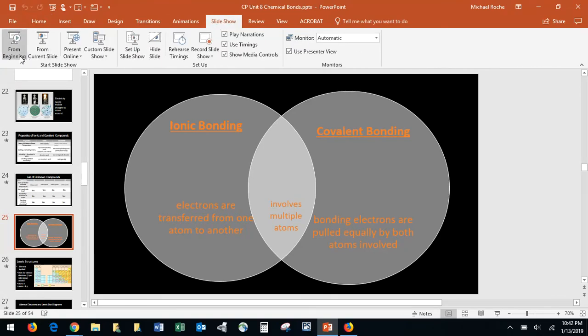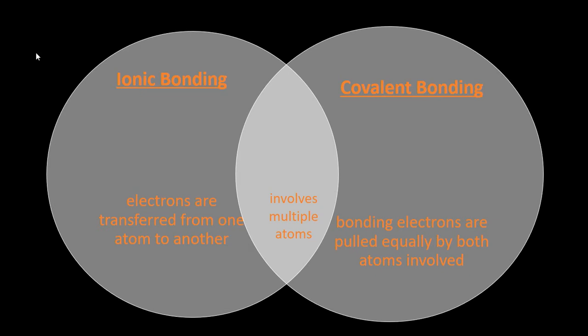All right, so let's talk a little bit about what you should have reviewed with ionic and covalent bonding. So here's a little Venn diagram, which is supposed to be very helpful for you to figure this stuff out. And hopefully now, if I told you where on this diagram would you put the term metal, so something on the left side of the periodic table, left of the staircase, that should occur to you that that is only going to be in ionic bonding, where you will see a metal.